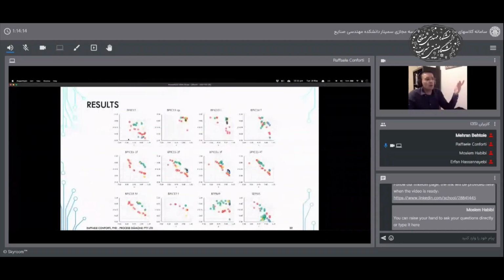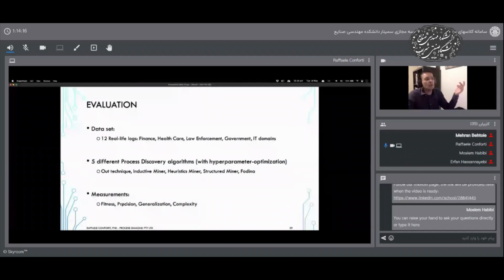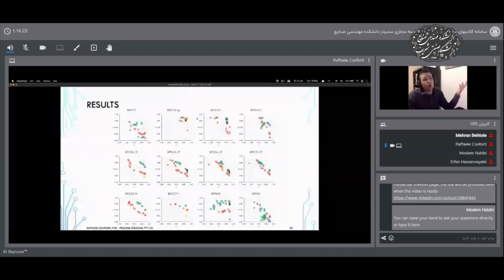You can see that in general, not always, but in the majority of the cases, we tend to be the closest to this top corner here. Consider that the top corner is this one, because our metrics cannot go above 1. For charting purposes, we reported 1.1, but quality measures range from 0 to 1.